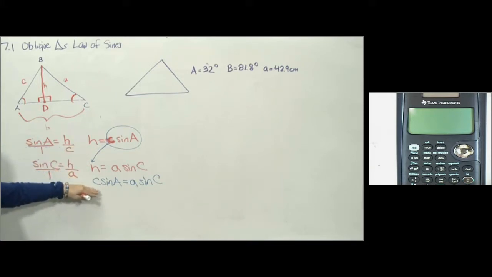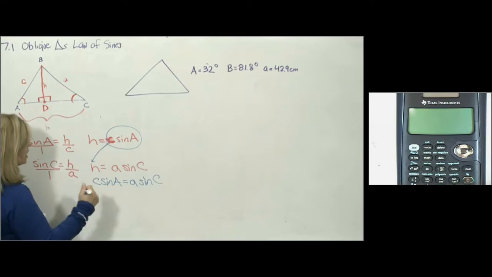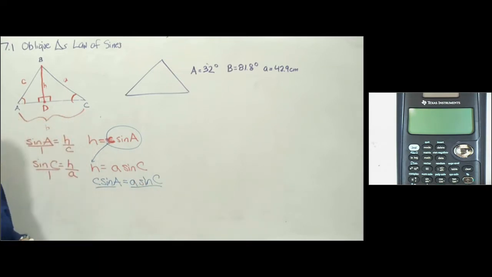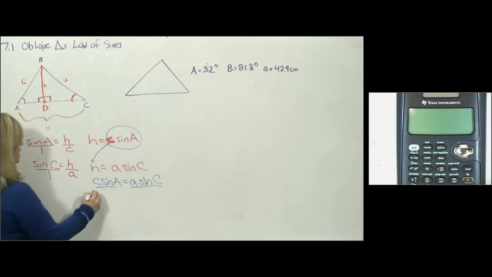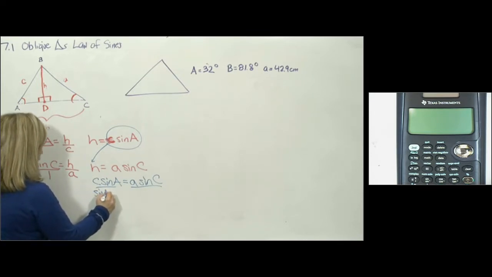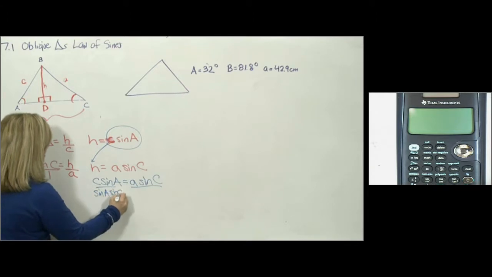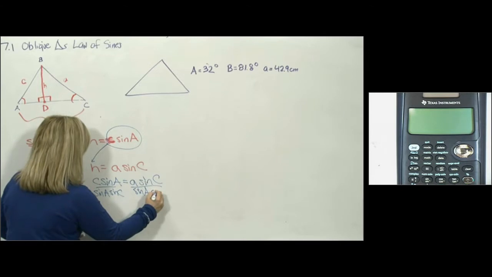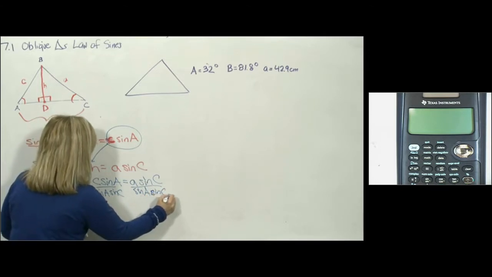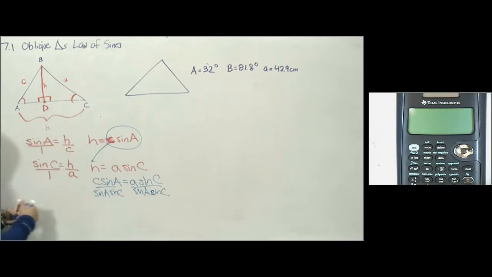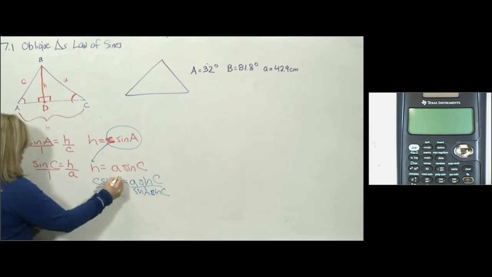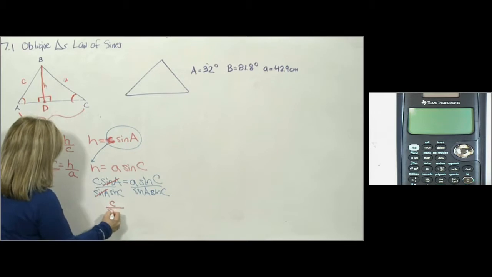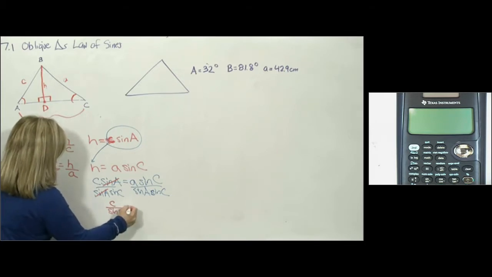And what mathematicians did is they took both sides of this equation and they divided it by the same thing. They divided it by the angles. So they divided by the sine of A and the sine of C. So what happens over here on the left, sine A would cross out and they would get C over the sine of C equals.